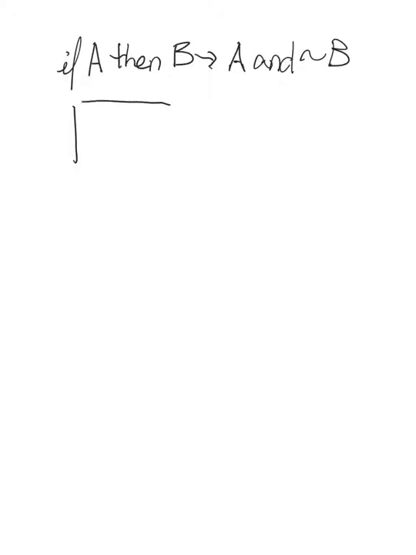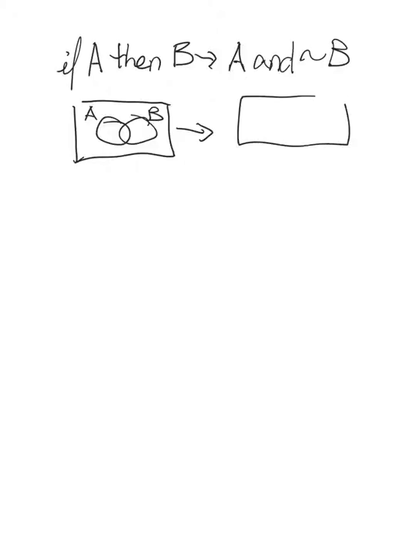If you want to see it visually, we start off with our usual Venn diagrams of A and B, which will get negated. So if A, then B happens to consist of this.